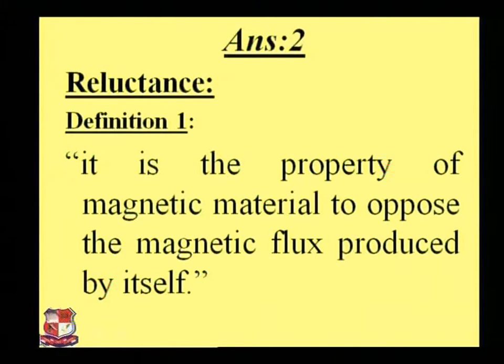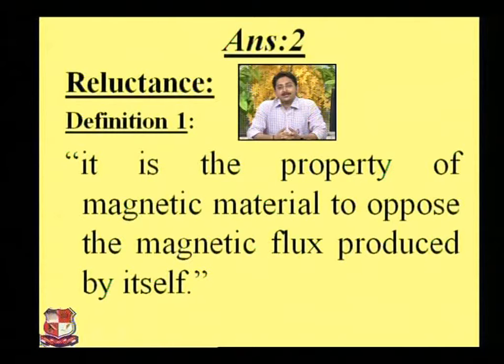Reluctance is a term related to the magnetic field or the magnetic material. Reluctance is the property of any kind of magnetic material to oppose the magnetic flux produced by itself. See, the magnetic material has the capacity to produce magnetic flux due to itself, or whenever current passes through it, or energy is excited from any external applied electric field.